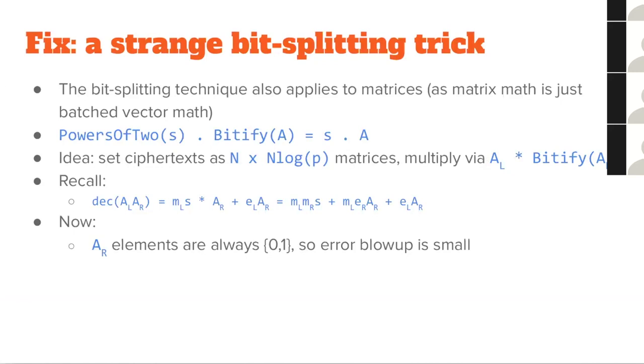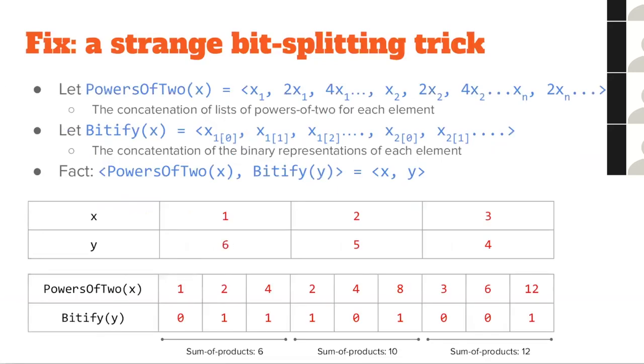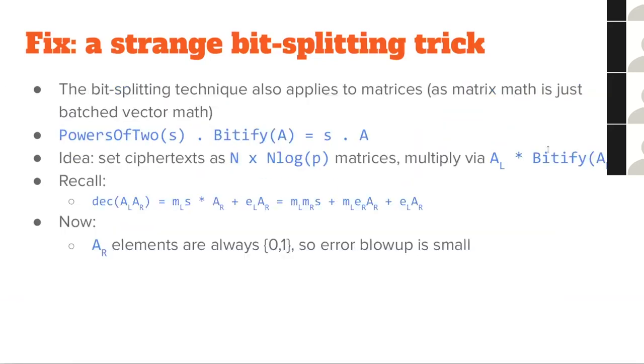But what this operation does is preserve the invariant that your ciphertexts are just zeros and ones. After you multiply two matrices together, they're not necessarily zeros and ones. So we do an inverse bitify operation, a squash.